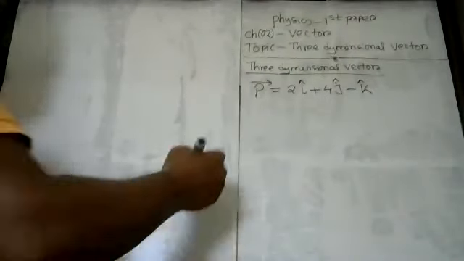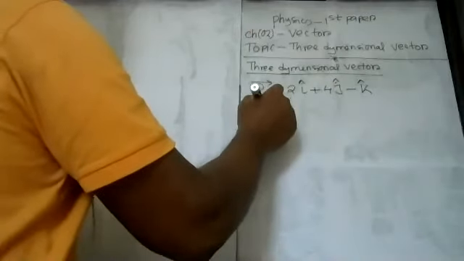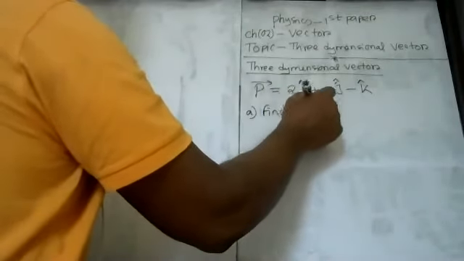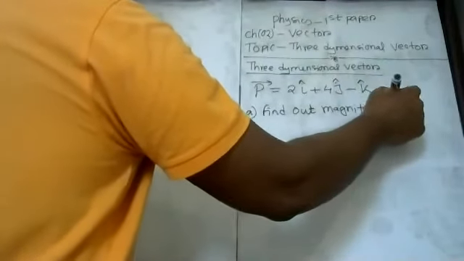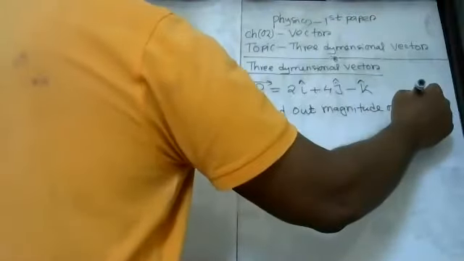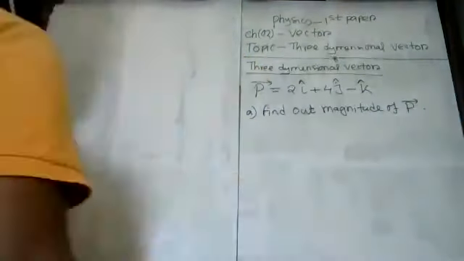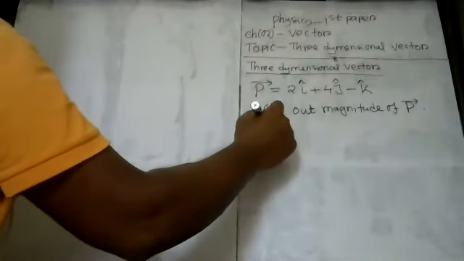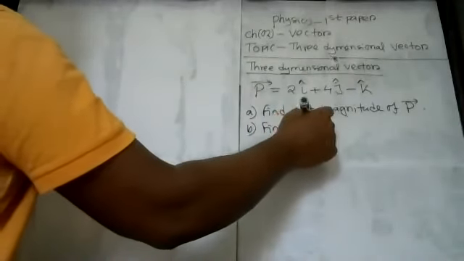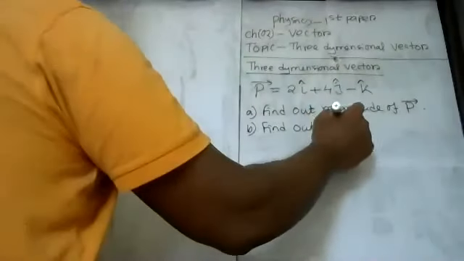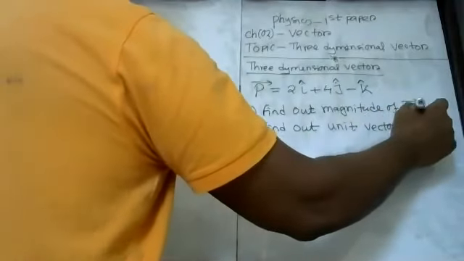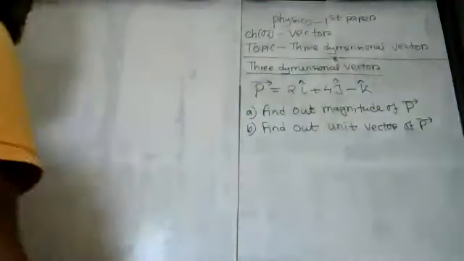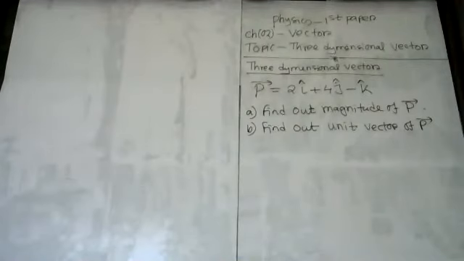The first question is, find out the magnitude of P. Question number B, find out the unit vector of P. Okay, so this is the question, my dear student.